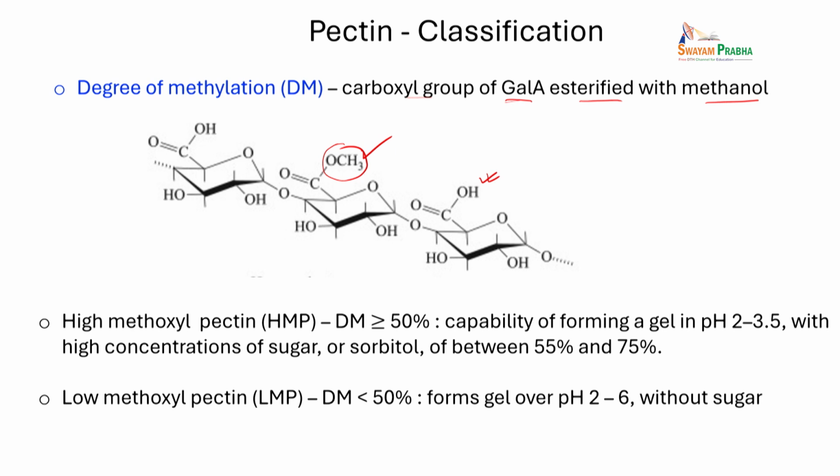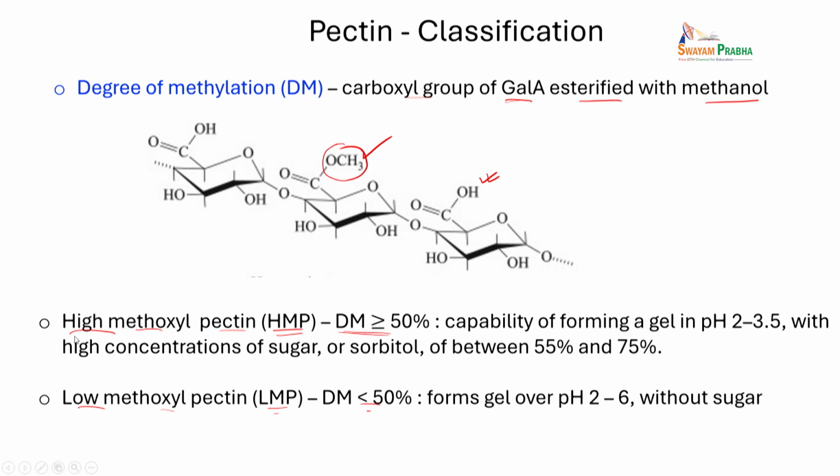So broadly speaking, you see something called high methoxy pectin, or HMP, or low methoxy pectin, called LMP. This depends on whether the degree of methylation is above 50% or below 50%. Now depending upon to what extent this is esterified, the physical properties can be quite different.